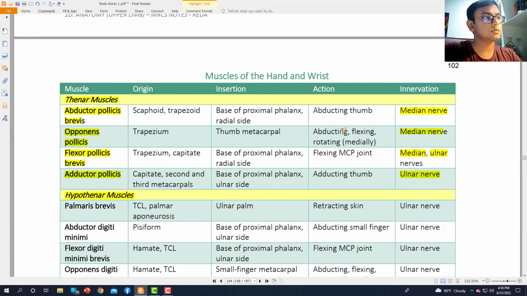Abductor pollicis longus and opponens pollicis. Opponens pollicis, it is also called the LOAF. L-O-A-F.